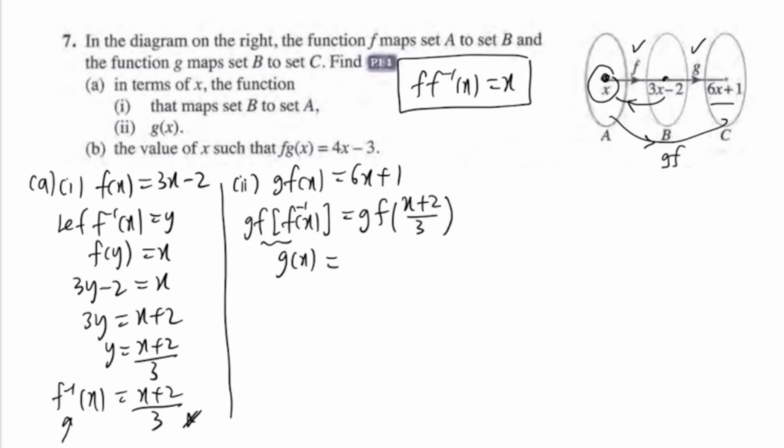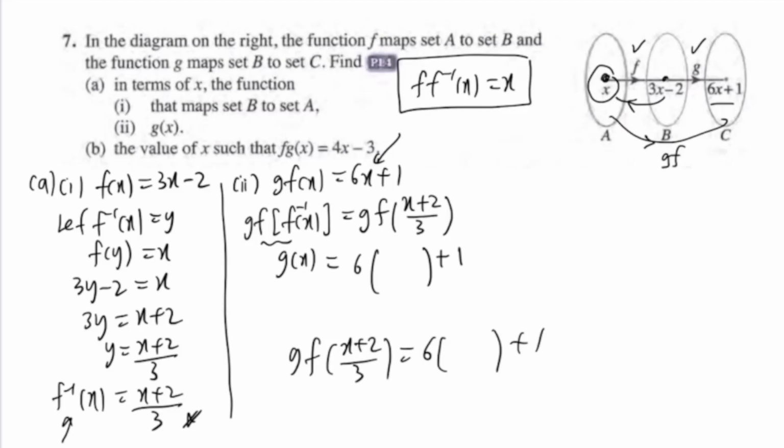And your gf(x) is already given here. So remember, composite function gf(x) means we put this bracket inside: gf bracket is 6 bracket plus 1. We sub in the same thing, so this is (x + 2)/3. Alright, now next, what do?